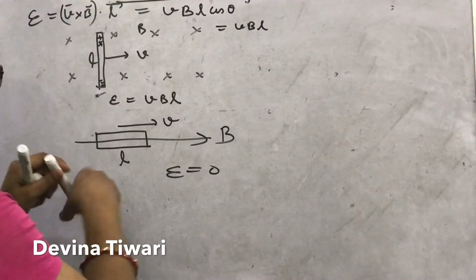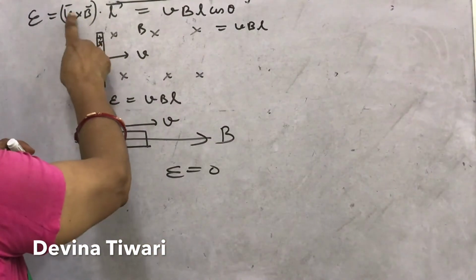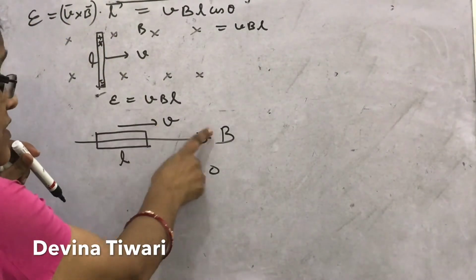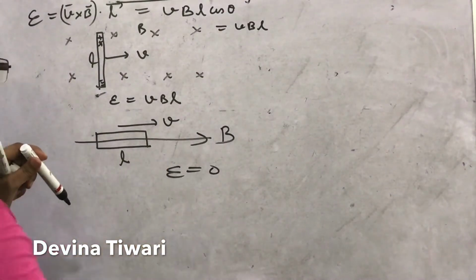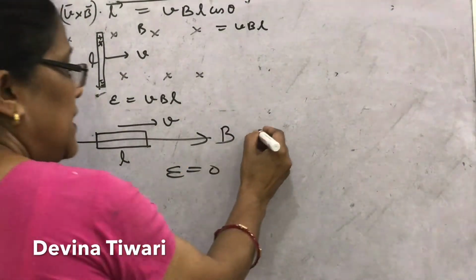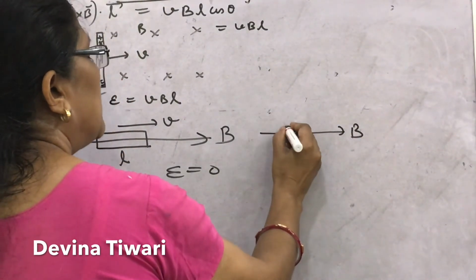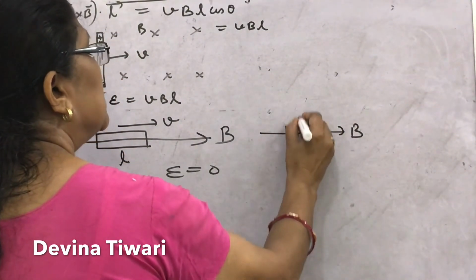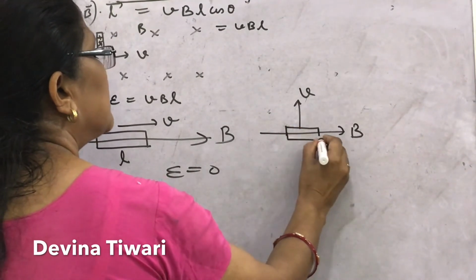You can find V cross B: they are in the same direction. V cross B is VB sin theta, and sin 0 is 0. So by observing you can find the motional EMF. Another case: suppose this is the magnetic field and this is the rod, moving in this direction; this is V and this is the length L.